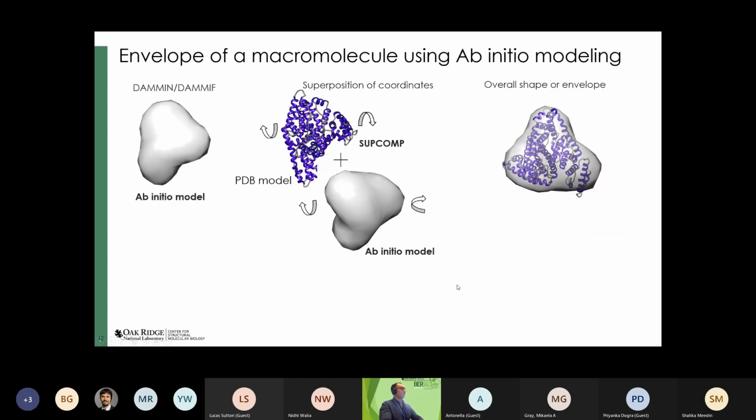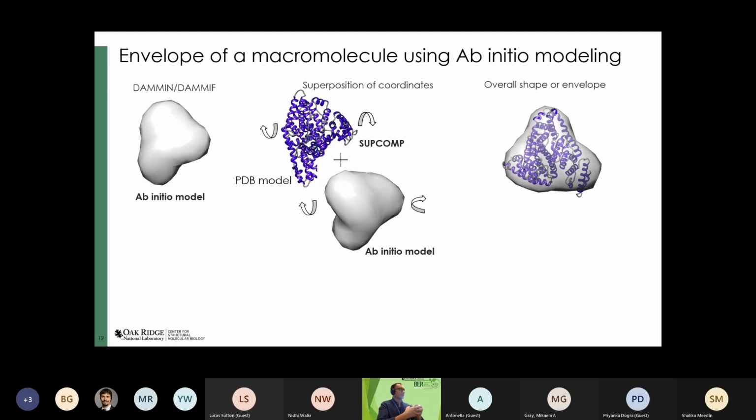Now, my last topic is how we build the envelope for a macromolecule using ab initio modeling. Basically, this is done using DAMMIF and DAMMIN, so you're going to recover your ab initio shape as a bead model. So basically, the process is that you assume you have beads, dummy atoms in your system, filling the same volume that you have.